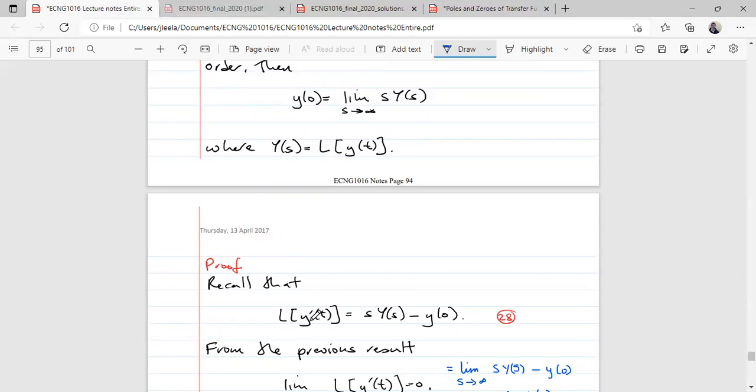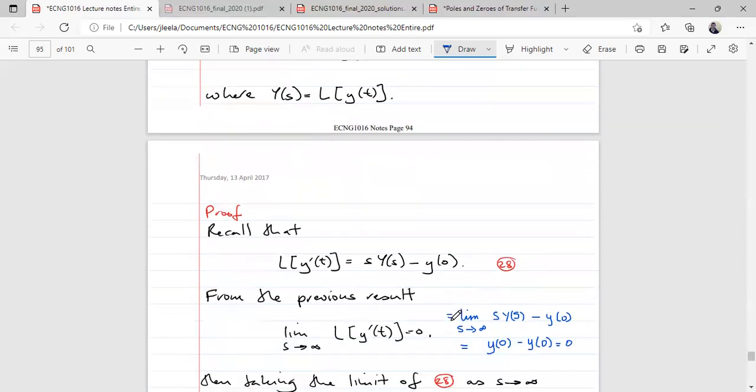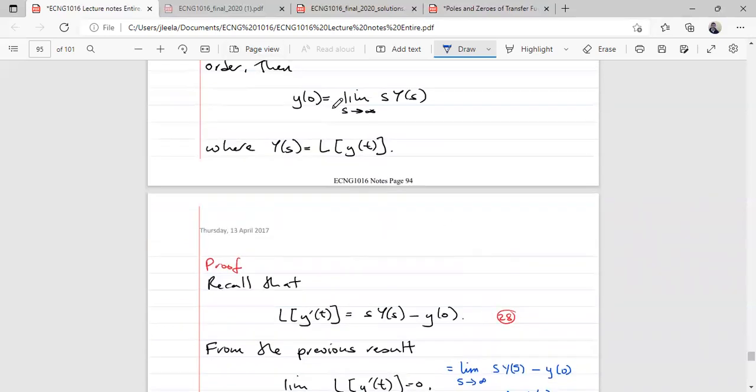Remember, the Laplace transform of the first derivative of y(t) is s Y(s) minus y(0). So from the previous result, we know that the limit as s approaches infinity of the Laplace transform of y'(t) is equal to 0. Why? Because look at what happened here.